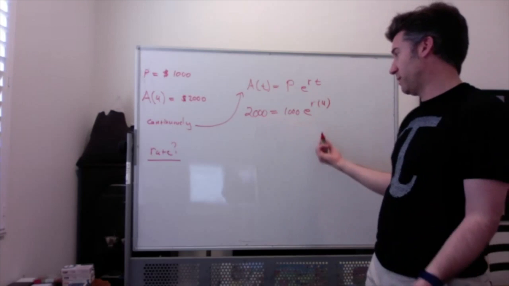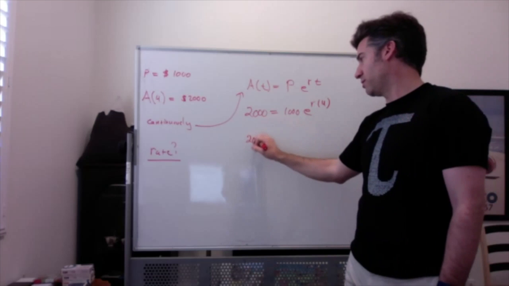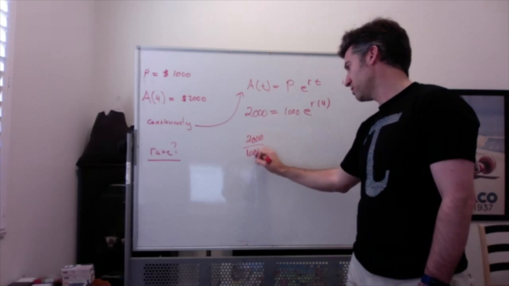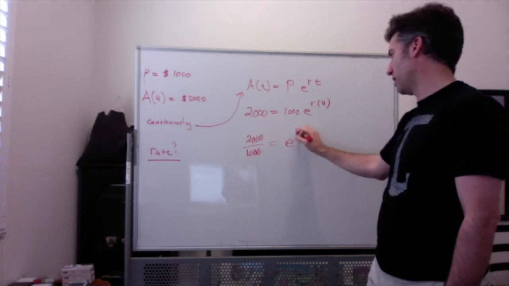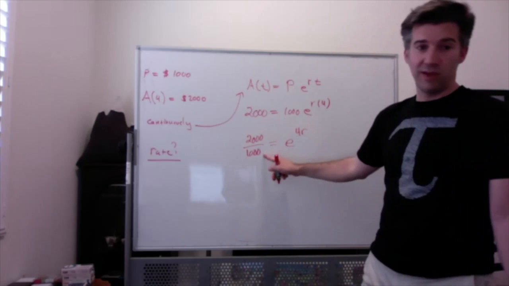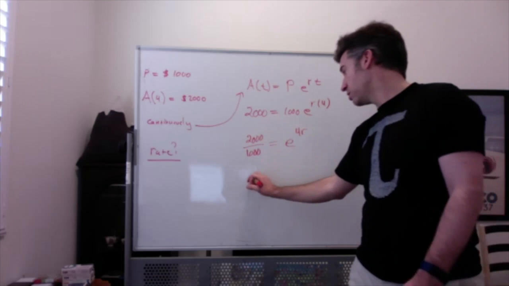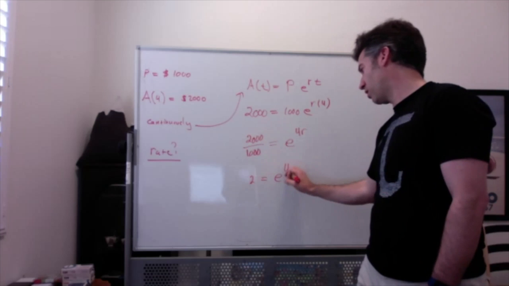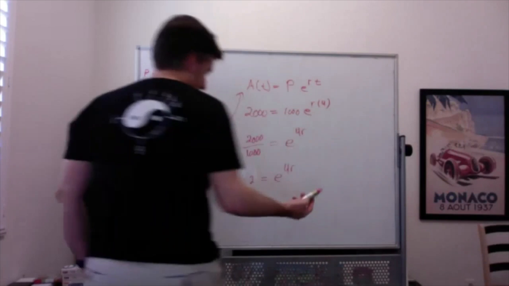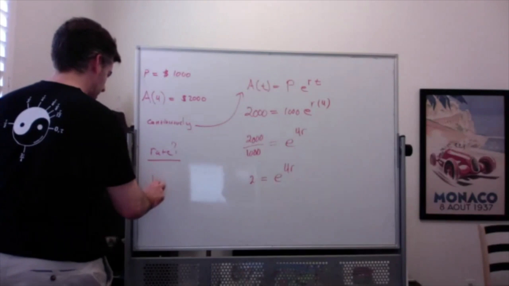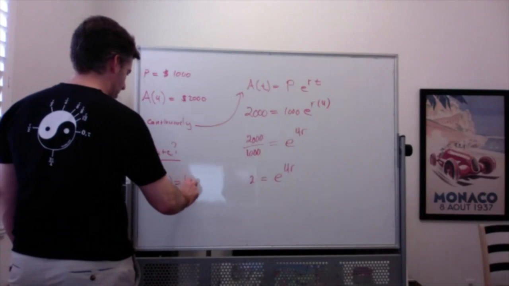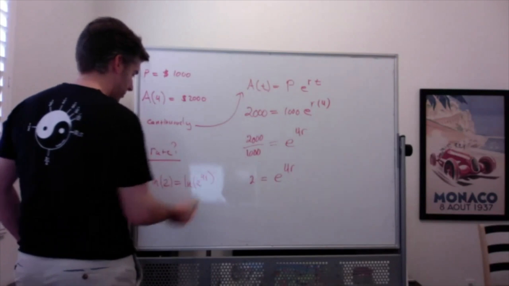So divide both sides by 1,000. 2,000 divided by 1,000 equals e to the 4r. 2,000 divided by 1,000 is 2. So 2 equals e to the 4r. Take the natural log of both sides. Natural log of 2 equals natural log of e to the 4r.